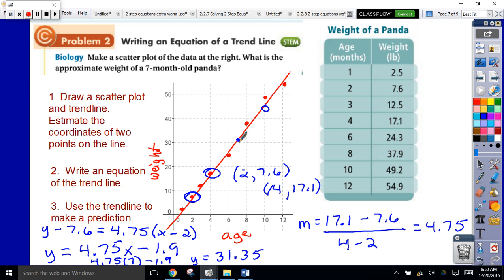Think about how they grow in the first year of life, and then what happens after that. They're pretty much done. That first year is like their whole childhood, and then they go through a little bit of a teenage phase, so there might be a tiny bit of growth over that second year, but it doesn't continue. So extrapolation, when you're dealing with weight, is not necessarily a good predictor.